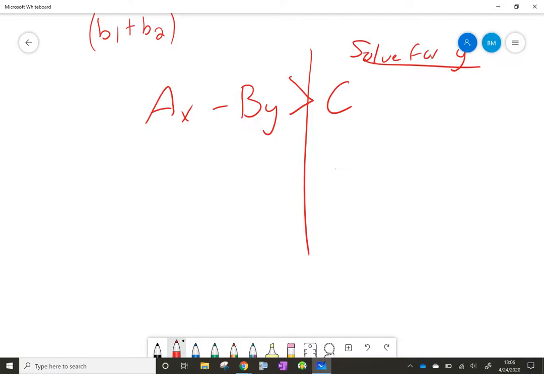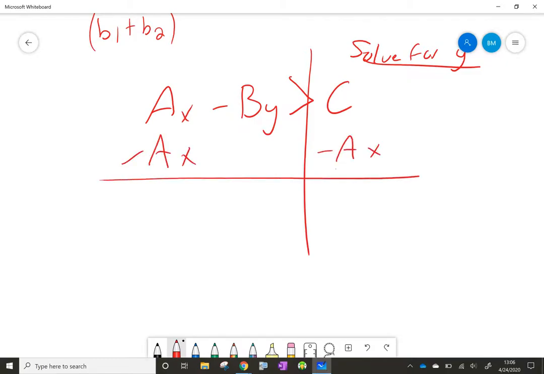Now, don't think about this minus sign as a minus sign. It really means a negative b, so don't focus on that. This term that we're getting rid of is a positive term, right? Ax is positive. So in order for us to cancel it out, we will have to subtract ax on both sides.